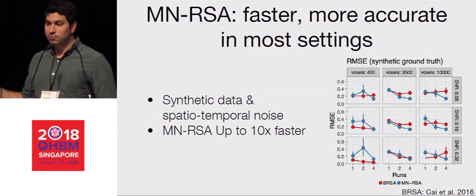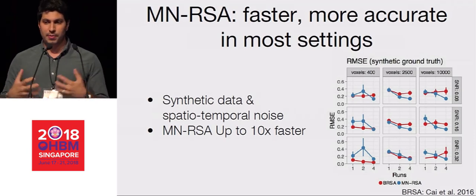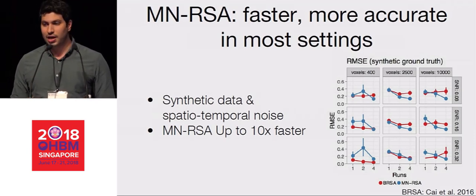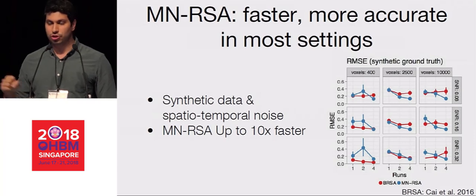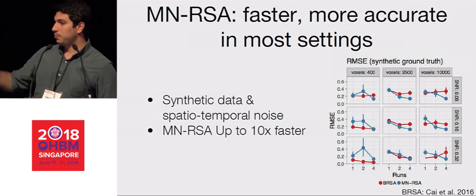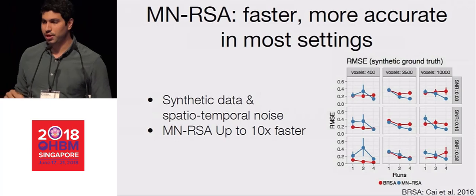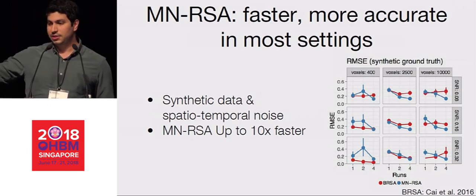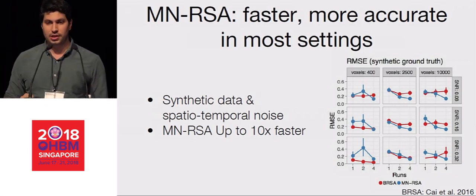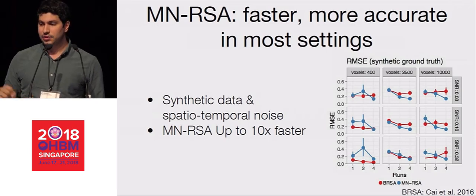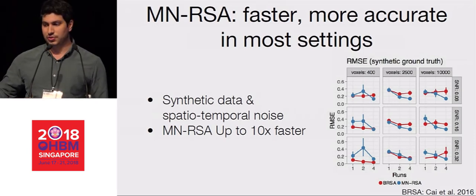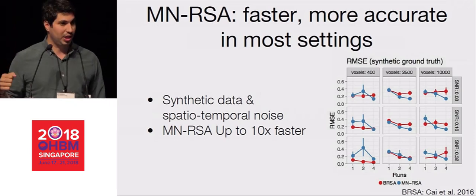And what we found was that the spatial and temporal covariance structure actually lets us, for larger data sets, infer, in this case, synthetic data more accurately. So in this plot we see different sizes of data, with voxels ranging from 400 to 1,000 or 10,000, different levels of SNR as the different rows, and different numbers of regressors as the 3 data points per plot.